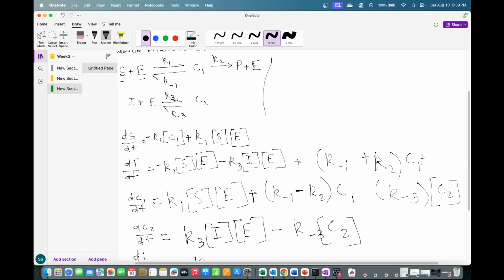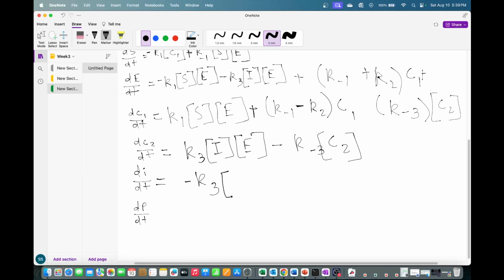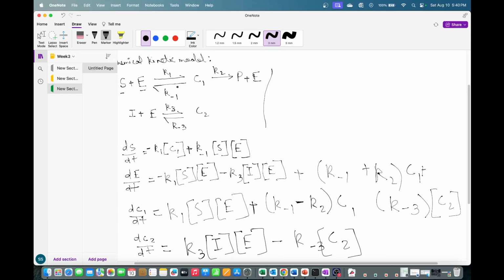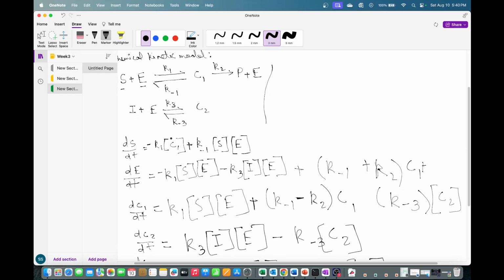I is getting used up by K3 of I into E, and it is getting generated by C2, right? Because this is going back to I, so it is getting generated by C2.